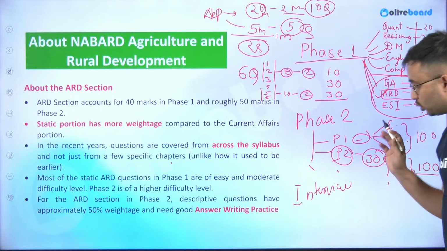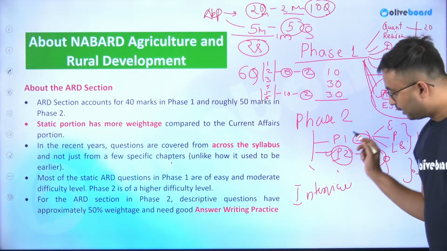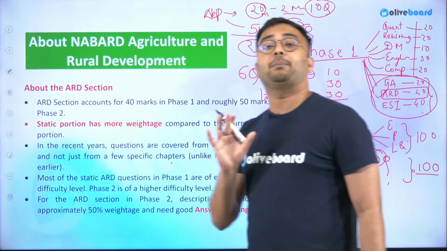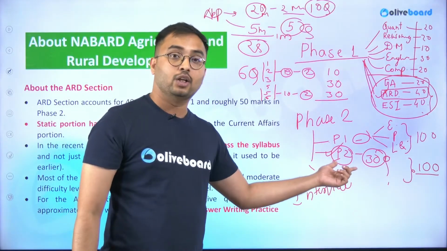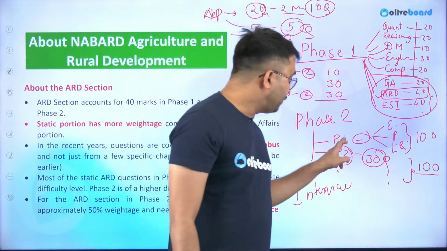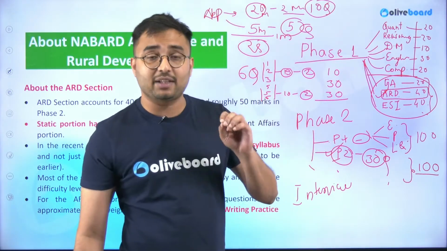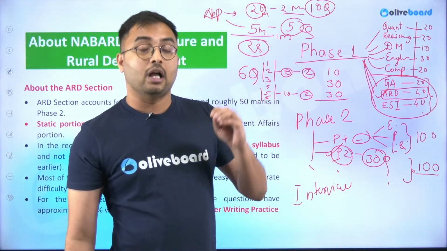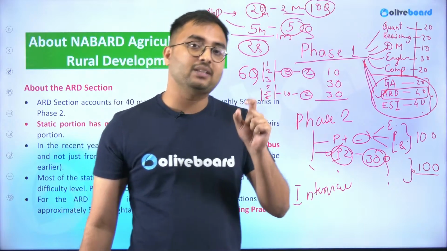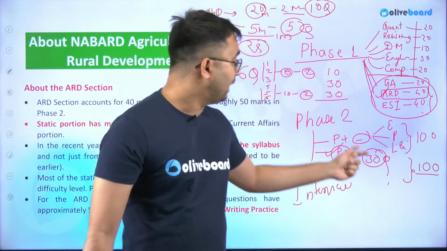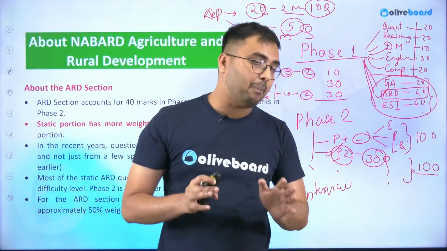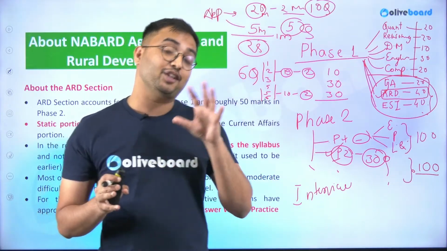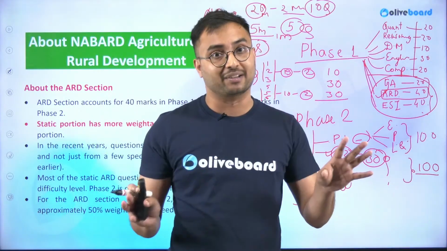In phase 2 also, if you consider paper 2, then 50 marks out of 100 are from ARD. Not only this, in your paper 1 the essay would be for 30 marks, and there is 100% a compulsory essay based on an agriculture topic. That means it will never happen in the NABARD exam that an agriculture-specific essay topic has not come.